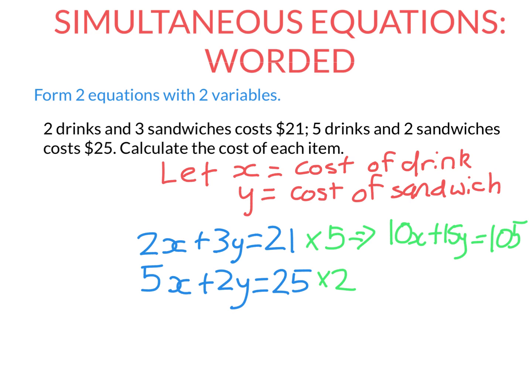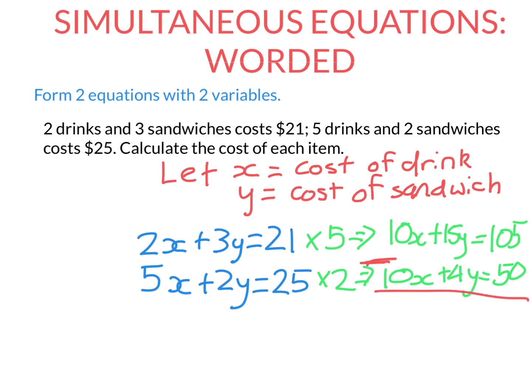And for the bottom, I get 5x times 2, 2y times 2, and 25 times 2. This has actually helped me because now x has the same coefficient in both equations. So because it's a positive 10 in both equations, I can subtract. Same sign means you subtract in order to eliminate the variables.